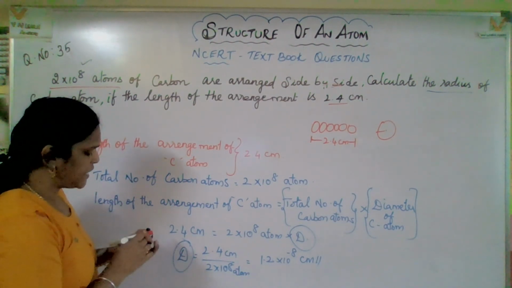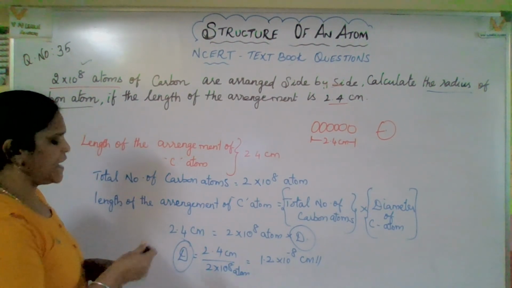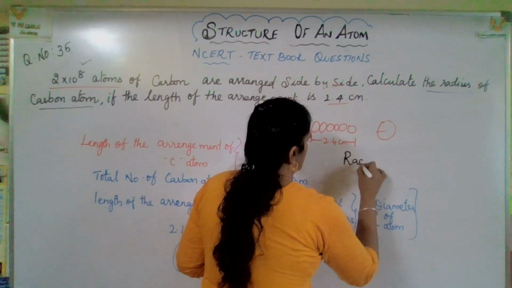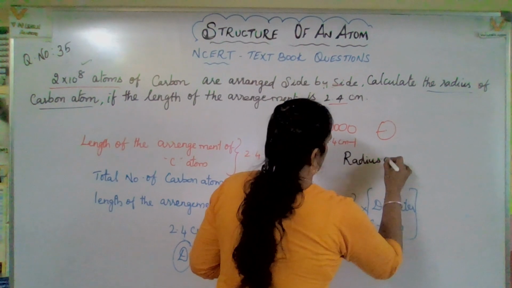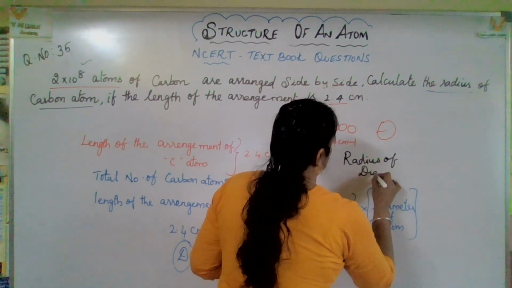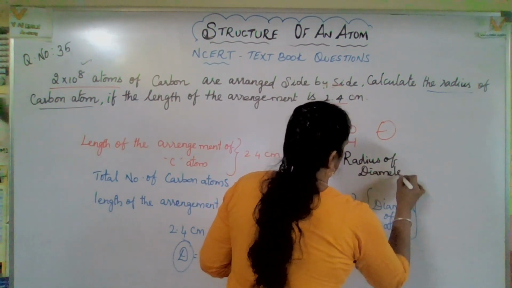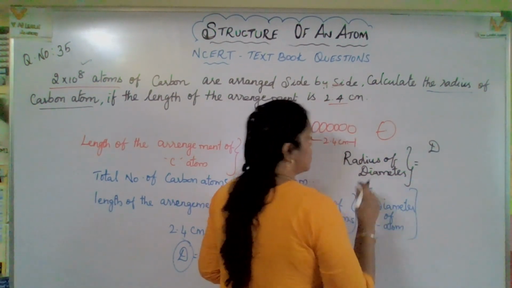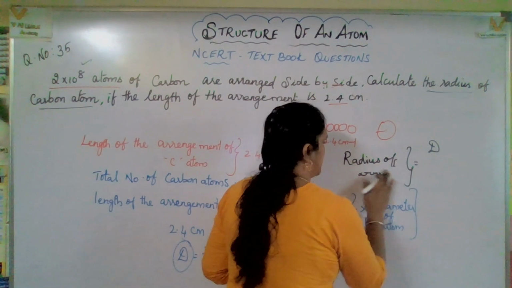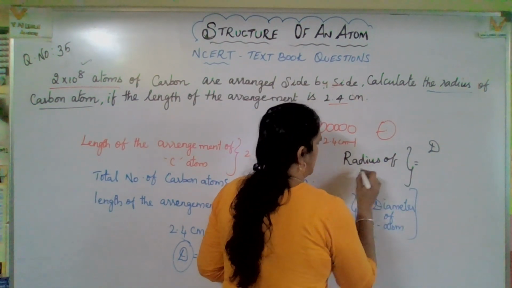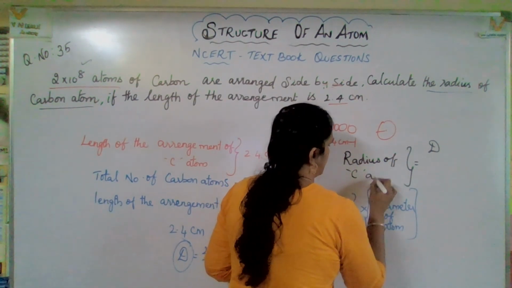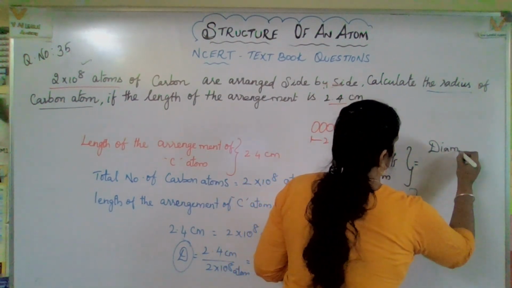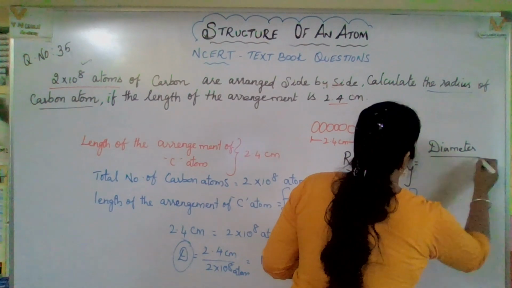Now let us find the radius. What is the radius formula? Radius of carbon atom equal to diameter by 2.